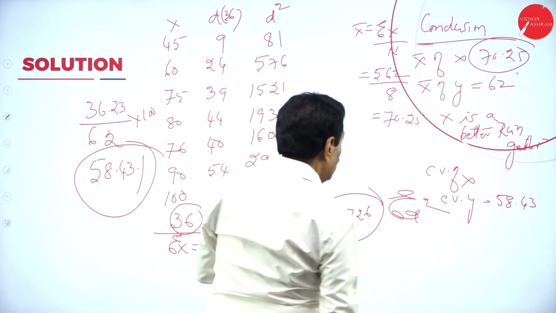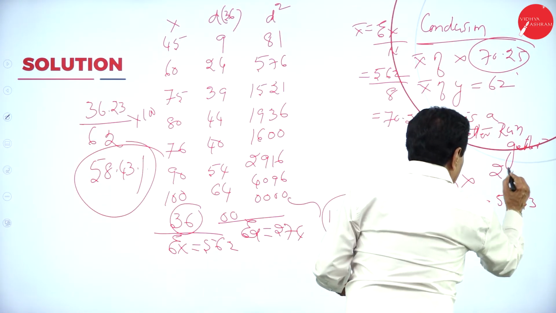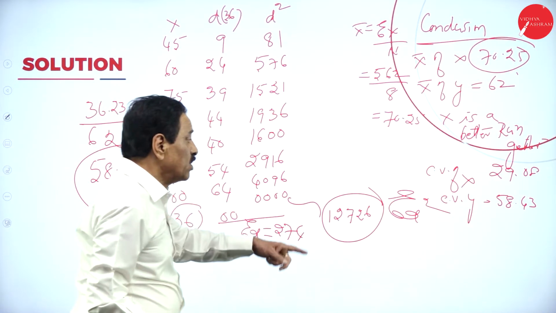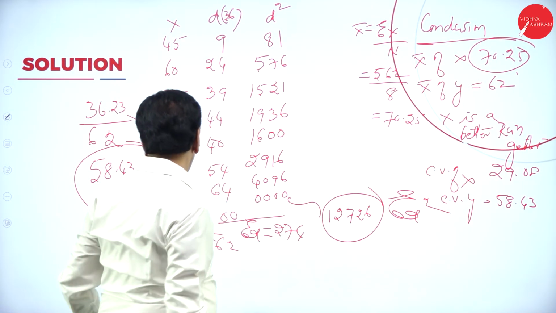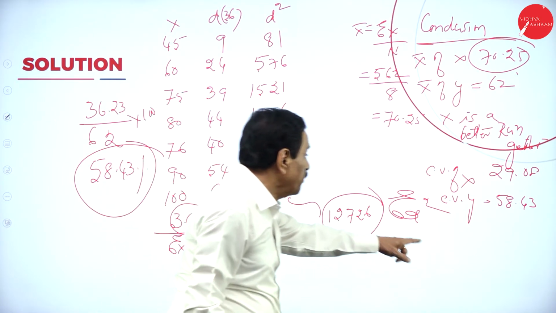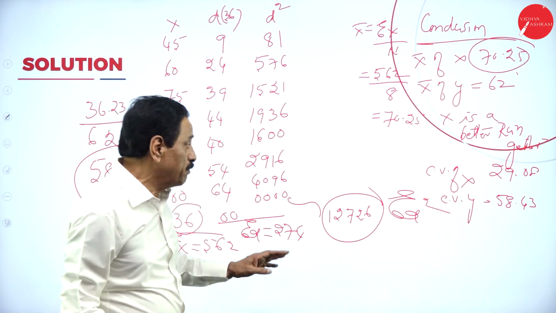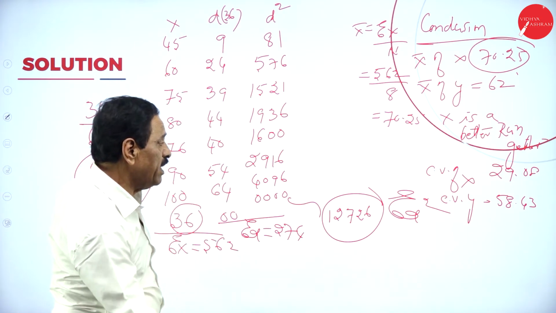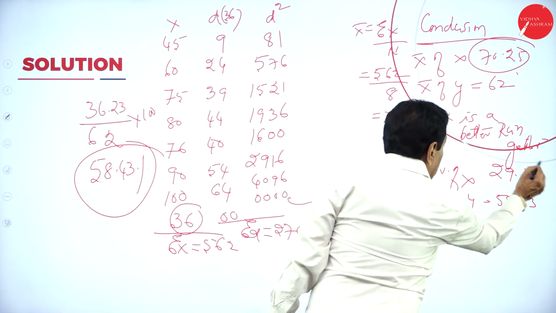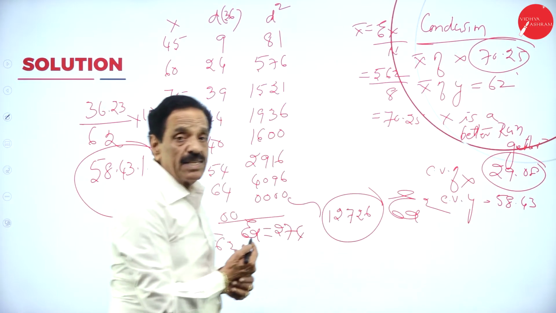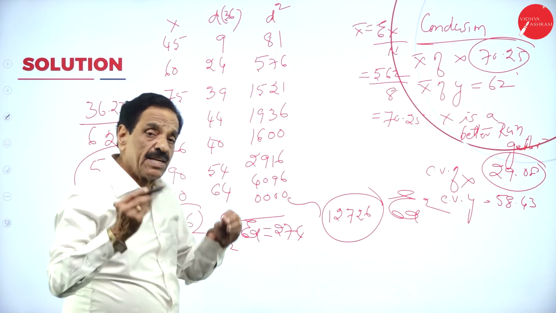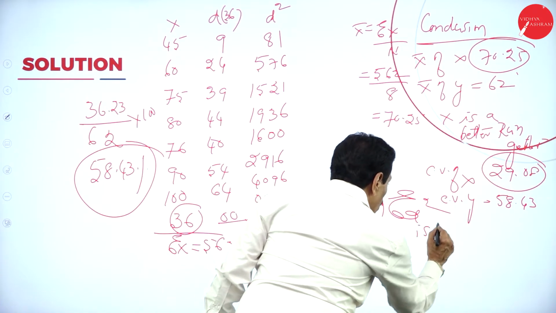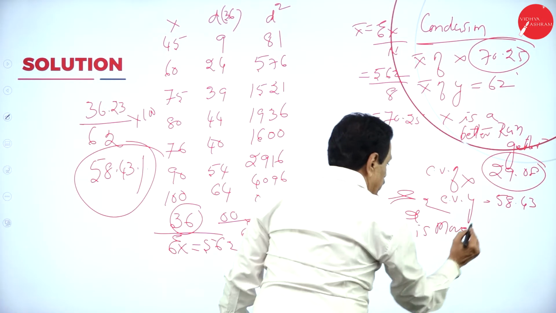So CV of X is 29.08, CV of Y is 58.43. I will repeat, CV of X 29.08, CV of Y 58.43. Whose CV is less? X series. Whose CV is less is more consistent. So X is more consistent.